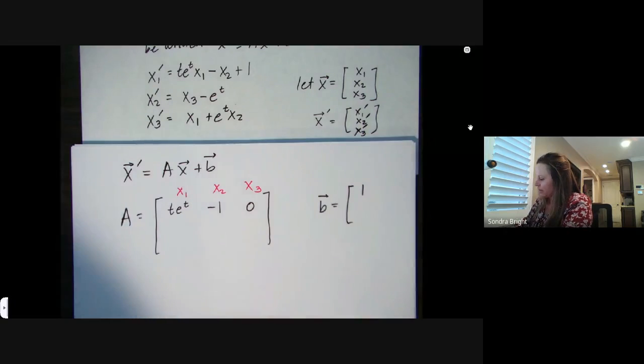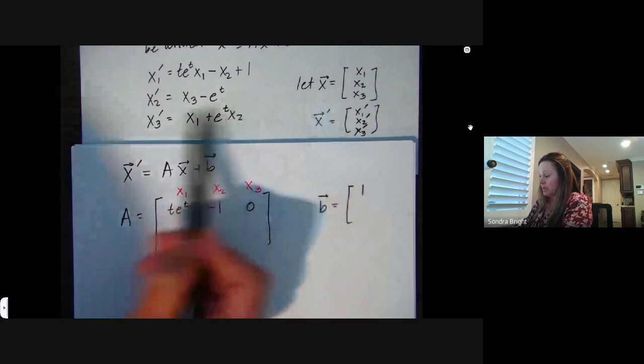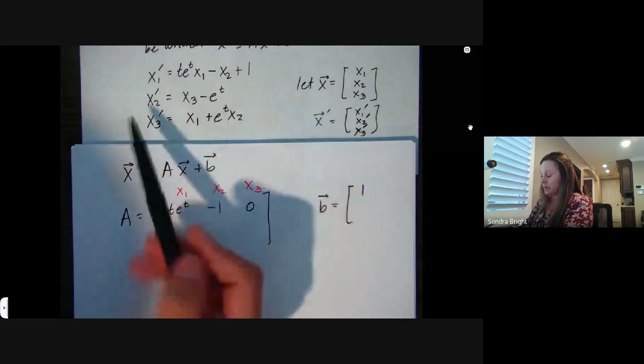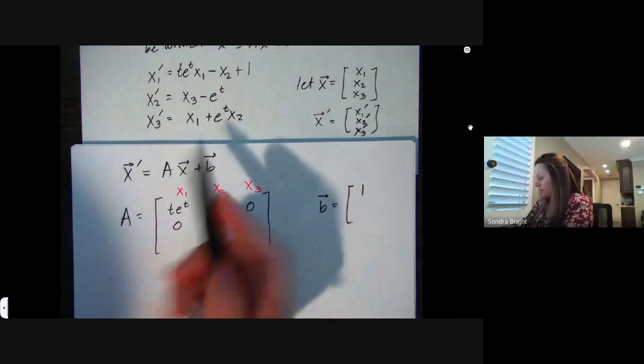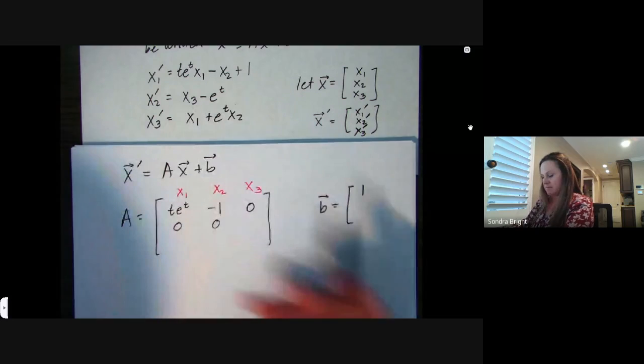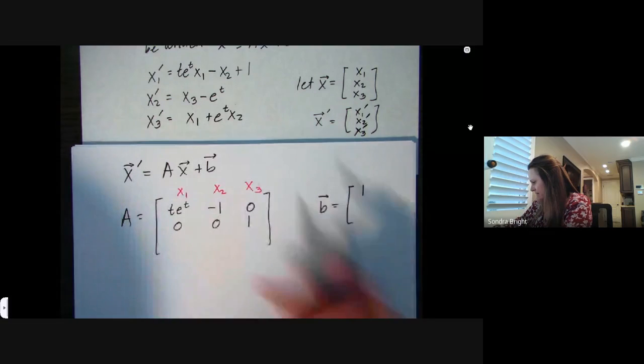All right, then we go for x2 prime. You don't have an x1, so it's a 0 in front of it. You don't have an x2, so there's a 0. There's a 1 for x3, and then we've got negative e to the t.